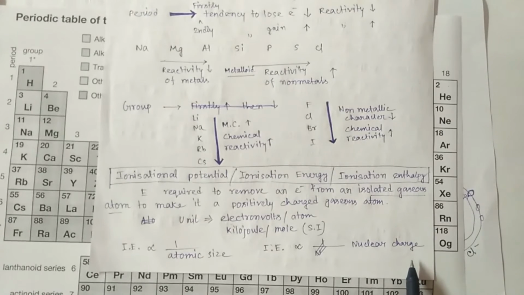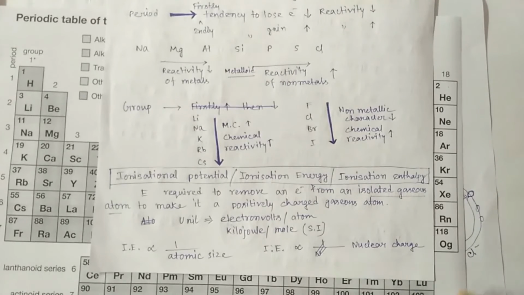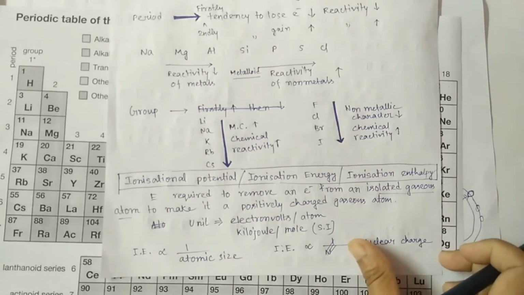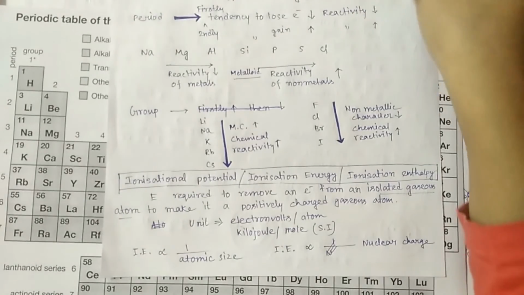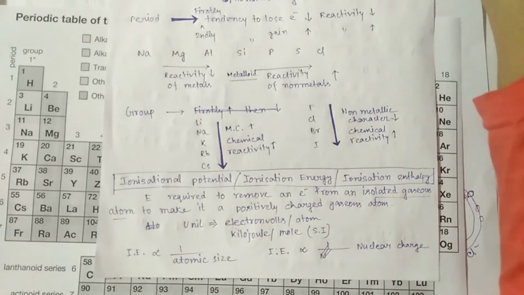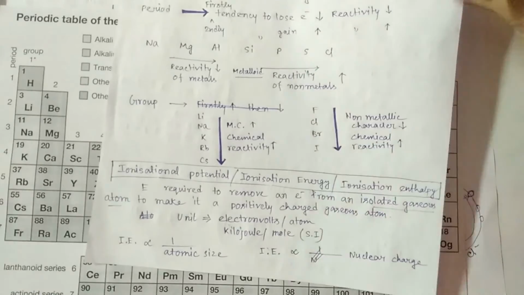As the nuclear charge is increasing, the outermost shell is facing more nuclear pull of attraction. That is why removing an electron from the outermost shell of fluorine will need more energy. That is why its ionization potential is more than the elements that have larger atomic size.